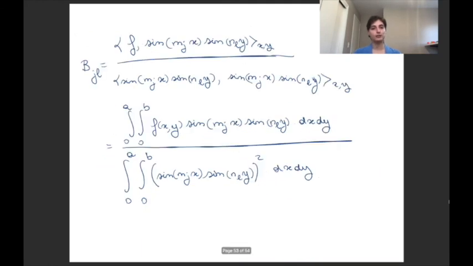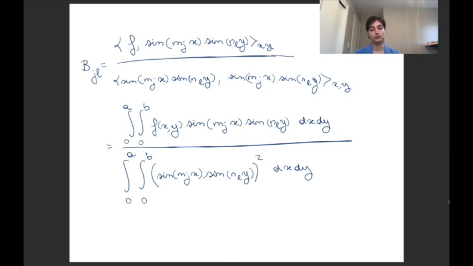So we can write it all down as B_jl being the inner product with respect to x and the inner product with respect to y of f times sin(m_j x), that is the box with respect to x, sin(n_l y), divided by the inner product with respect to x and y of the two sines times each other.